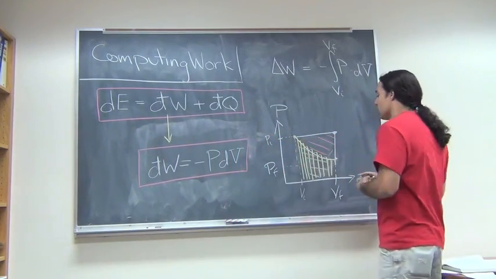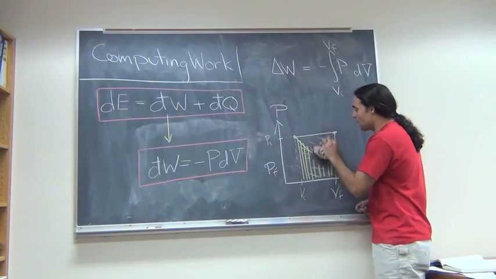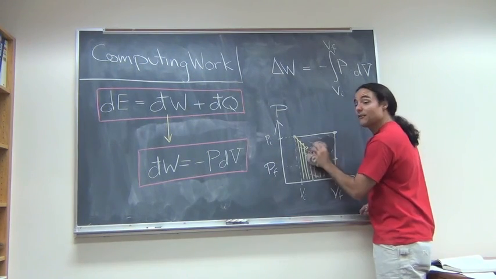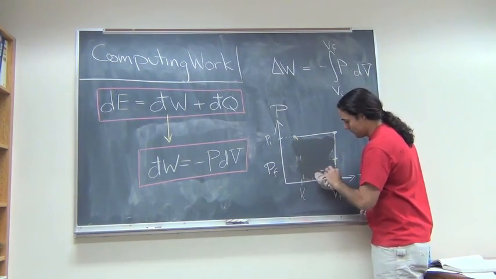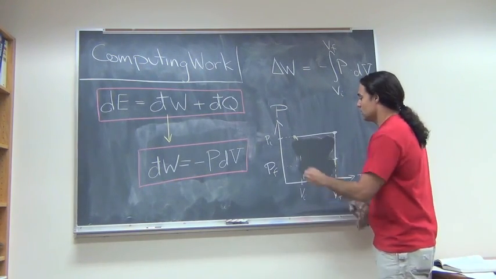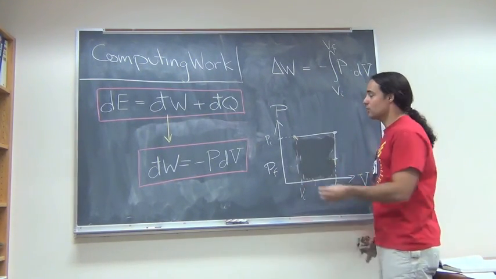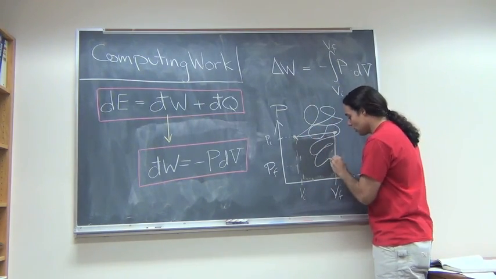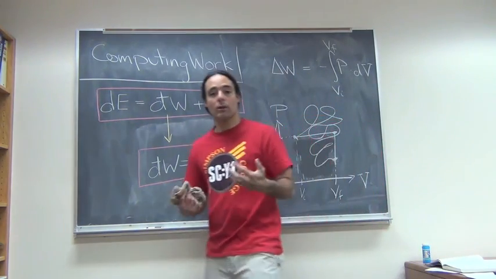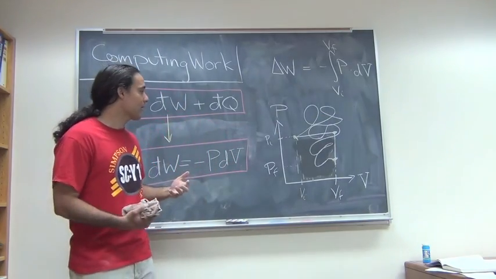In truth, I can take any number of paths to get from that starting point to that ending point. If there were a good reason for it, I could come up over here, do some loop-de-loop, go all over pressure and volume space in a very complicated path.